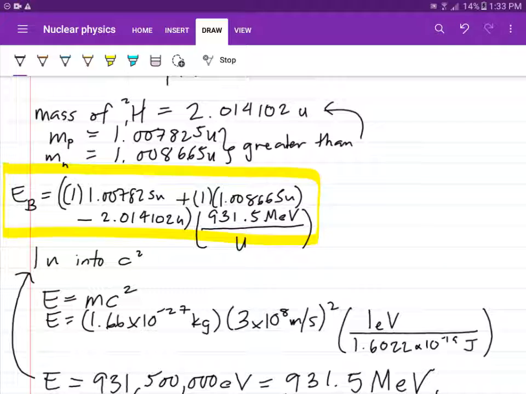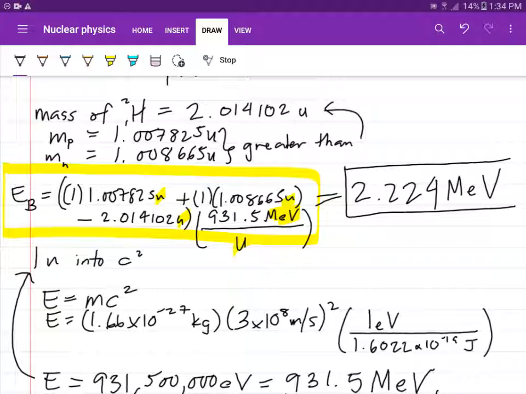So here you have units of U, U, U, and then over U. In the numerator, we will be left with MeV. If you perform this computation, you should get about 2.224 MeV. So this value corresponds to the nuclear binding energy in the deuterium.